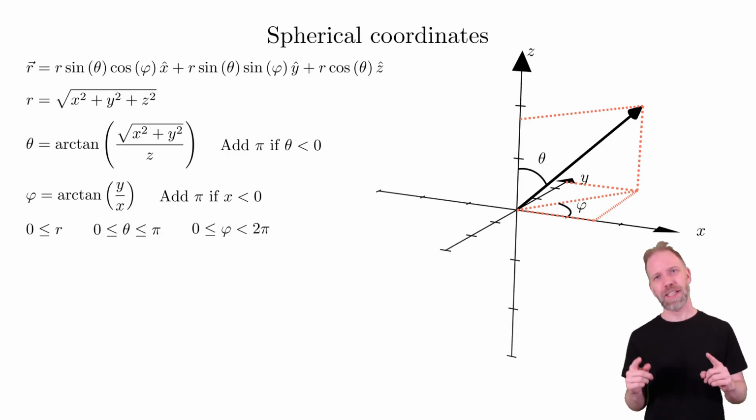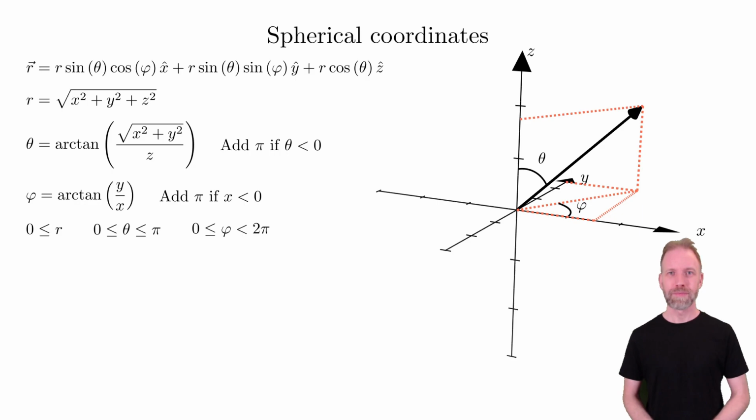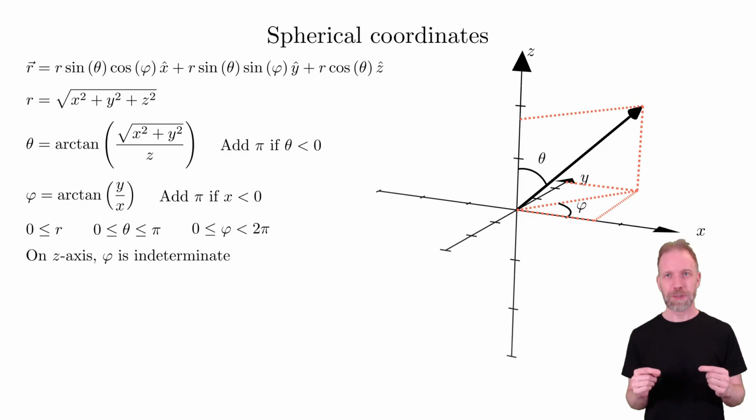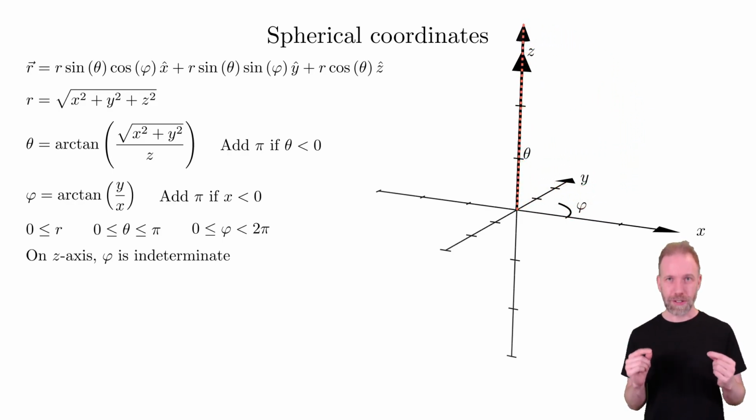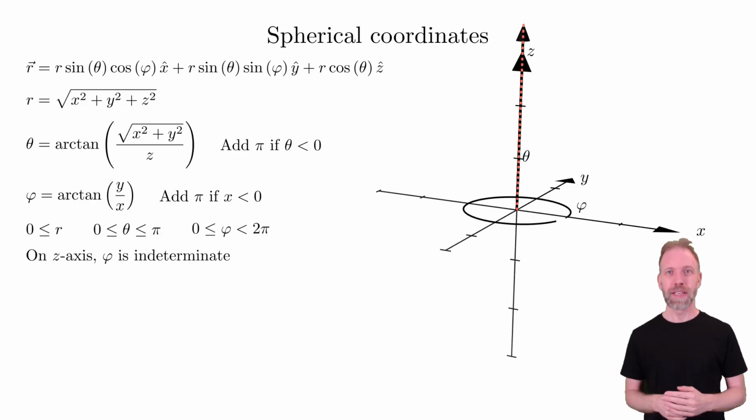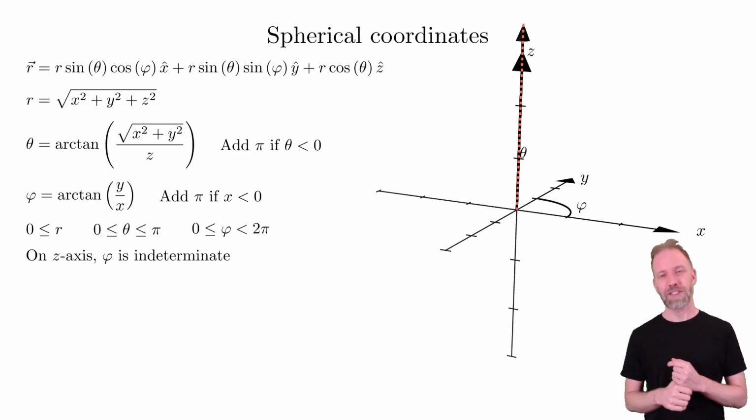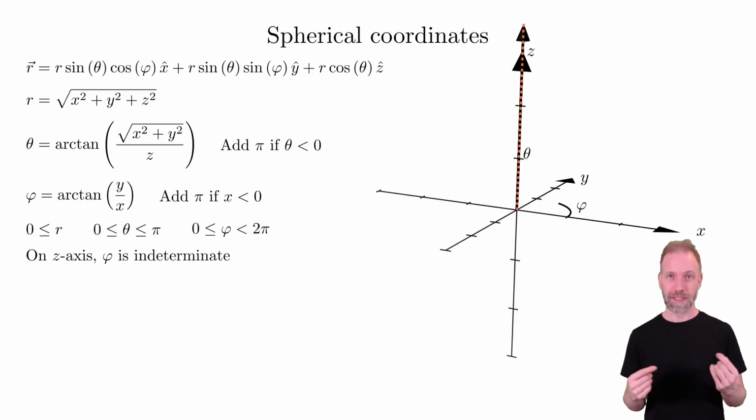However, there are a few exceptions to what I just said. If our point is on the z-axis, which means that x and y both are 0, all values for phi give the same point. Hence, we cannot calculate phi for points on the z-axis, as all values work, and we say that phi is indeterminate.